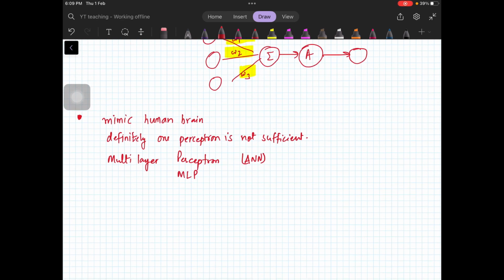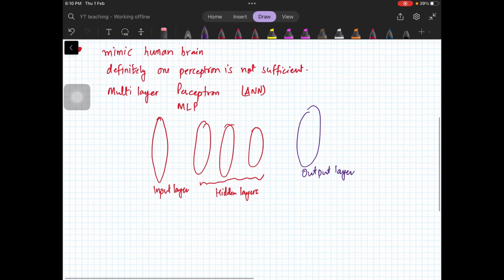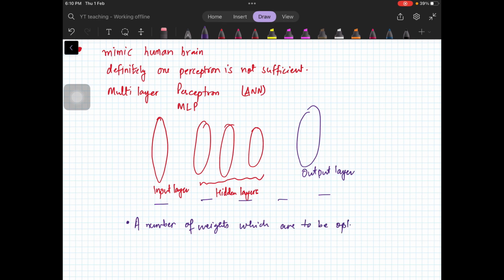What we have here is an input layer, then many hidden layers, as many as needed depending on what you are working on, and then an output layer. The moment you have so many layers and each layer has so many perceptrons, you have a number of weights to be optimized, right?